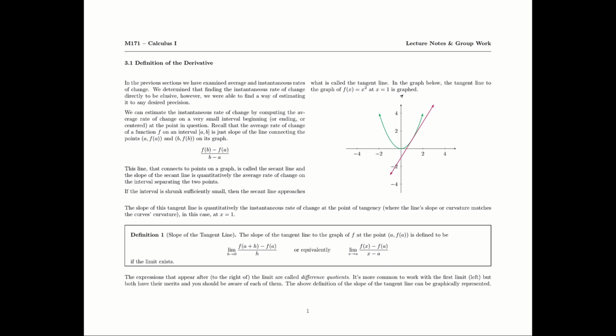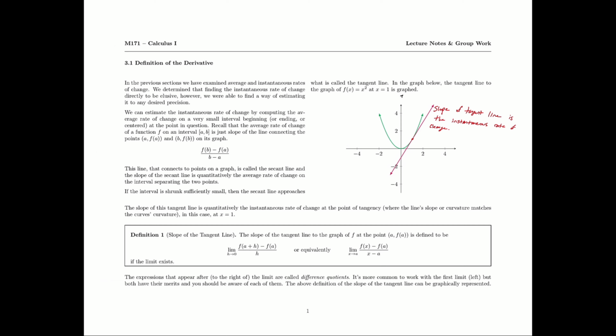And the slope of this line, the slope of the tangent line, is the instantaneous rate of change of this function at that point. Okay?